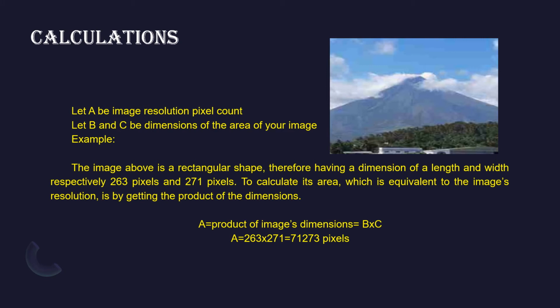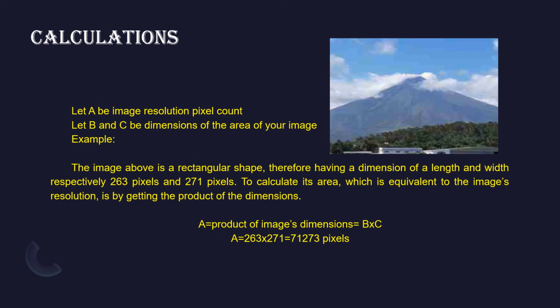So this is where mathematics has its own stepping stone towards being involved in data compression, or specifically image compression. As you can see in this image, this is a rectangular shape, meaning it has length and width. So using the simple laws and formulas of simple geometry, the area of a rectangle is length times width.